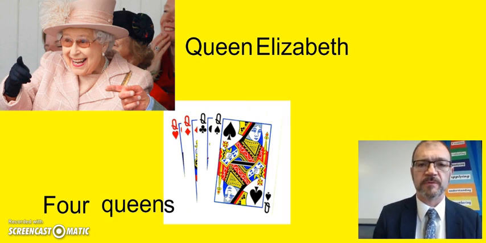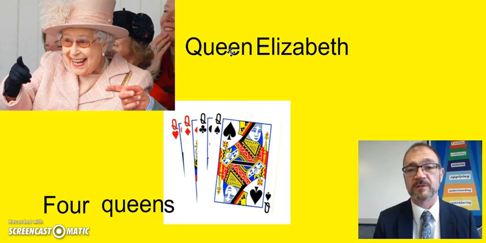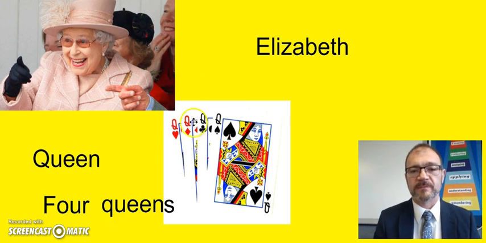Here are some examples. Queen Elizabeth, and you can see here, she is a unique queen. She's the only Queen Elizabeth in England at the moment. It's her identity. But these four queens, they're just any old four queens in a deck of cards.